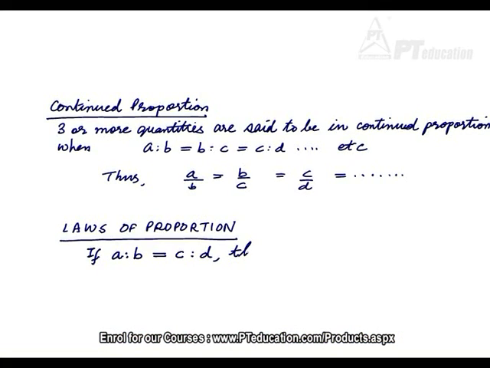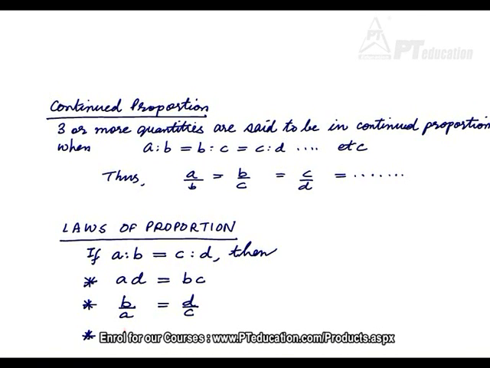Now let us see some more interesting rules of proportion. If A is to B is equal to C is to D, then AD is equal to BC. This is called product of extremes is equal to product of means. Second, B by A will be D by C. This is called the invertendo law.